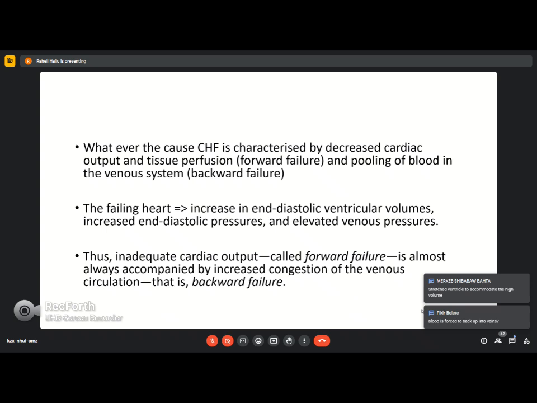There will be congestion within the venous circulation because there is a lot of backflow.